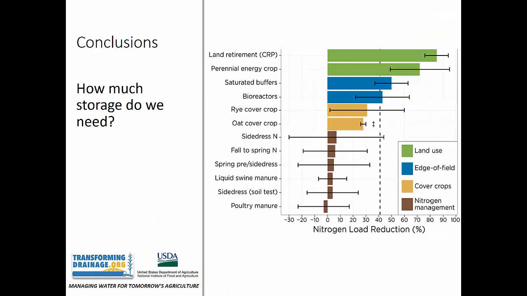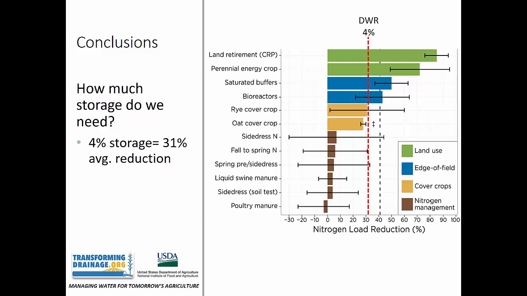So to conclude, what did our analysis tell us about how large of an on-farm water storage is needed in a drainage water recycling system to offer water quality benefits? And here I refer back to the original graphic showing the ranges of effectiveness for various other water quality practices.